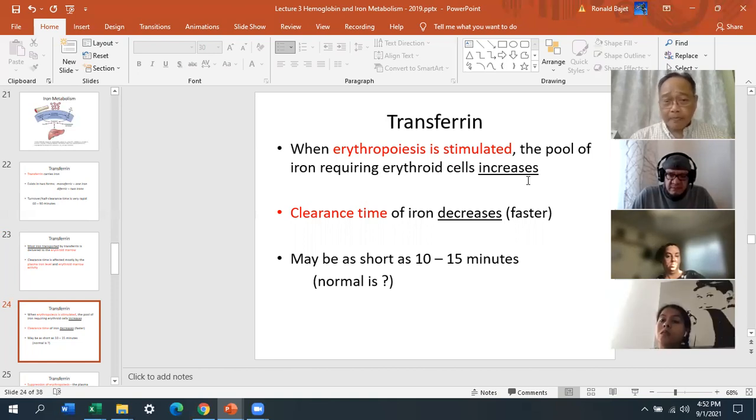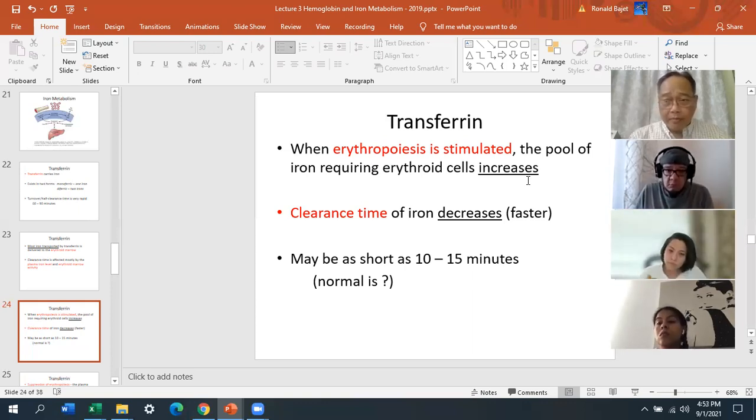Okay. The clearance time. Remember the clearance and the turnover, the pickup and delivery of transferrin from the RE to the erythroid marrow. Remember the normal turnover time. Anybody remember? It's an hour to an hour and a half. Pickup from the reticular endothelial cells to the bone marrow is an hour to an hour and a half.